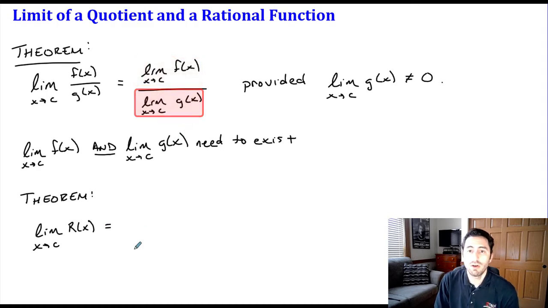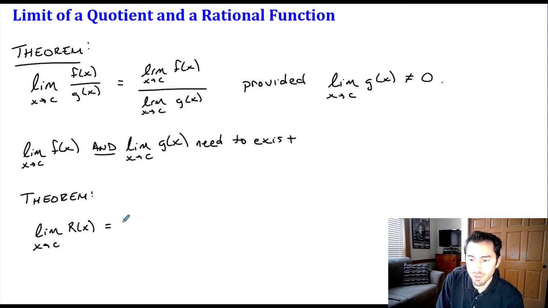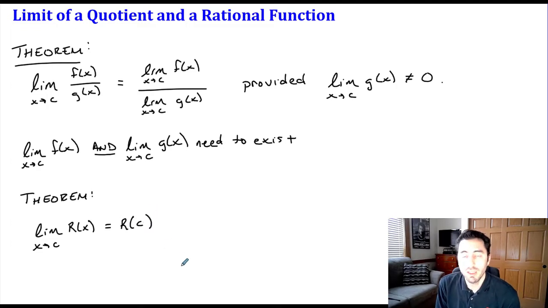We've already talked about the property for limits of polynomials. We can evaluate that just by substituting. So now, if both of those are polynomials, the limit of my rational function is the same thing. I can just plug in that value of c, and we can evaluate our limit.